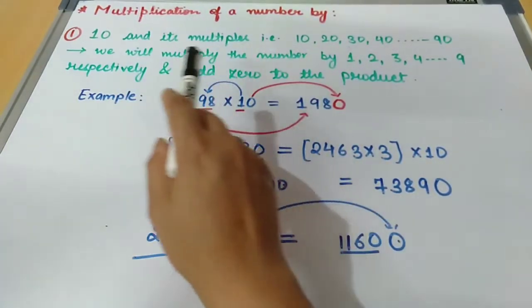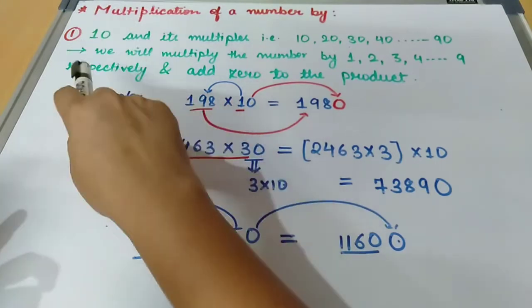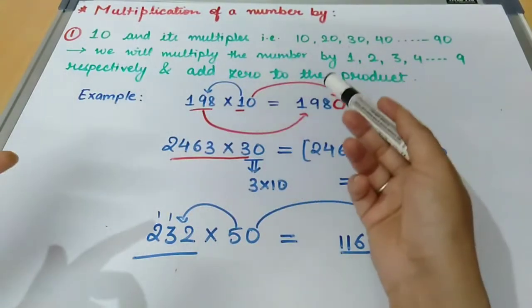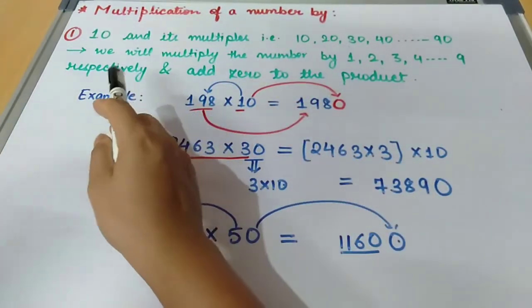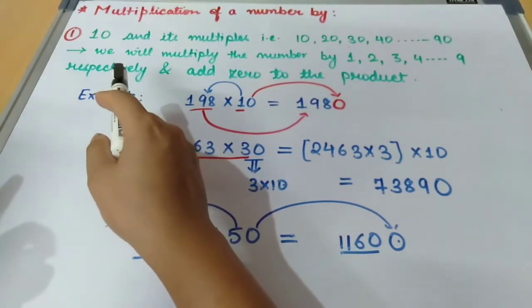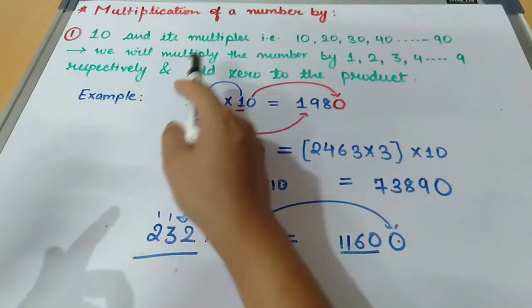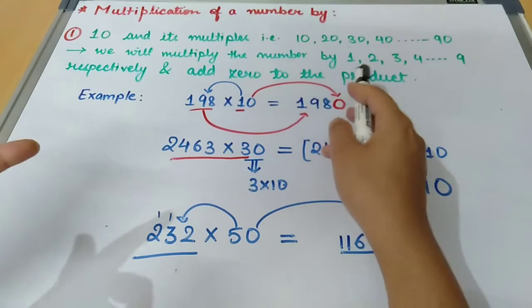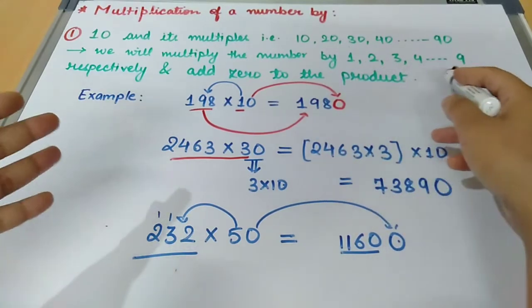So if we multiply any number by 10 and its multiples, what happens? We will see over here. When we multiply a number by 10 and its multiples, we multiply the number by 1, 2, 3, 4 till 9.